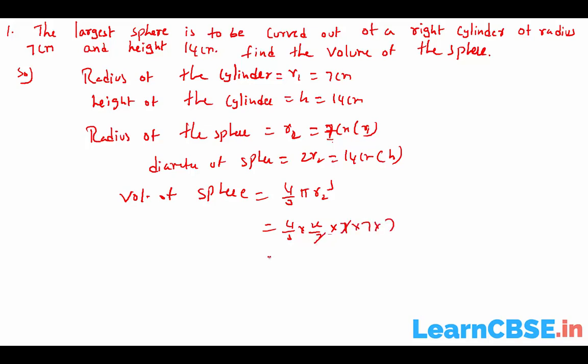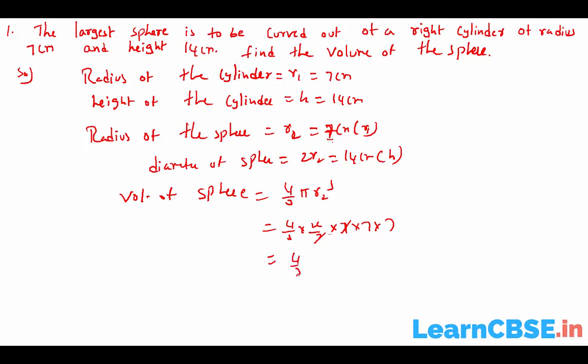So 7 gets cancelled and on calculation, 7 7s are 49.